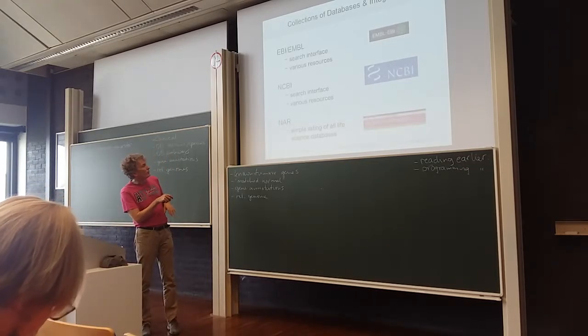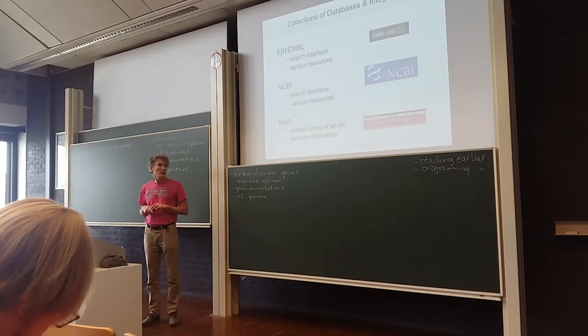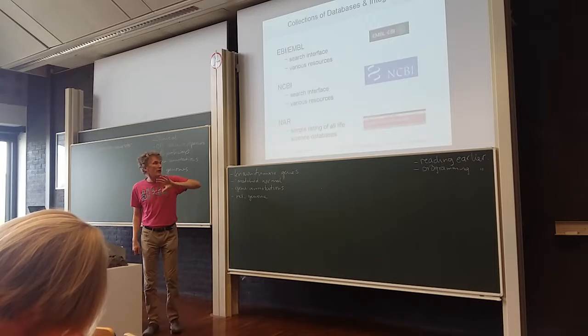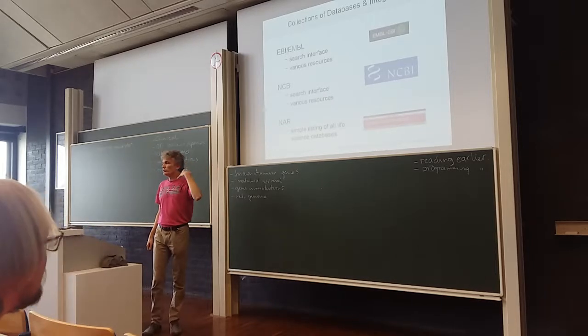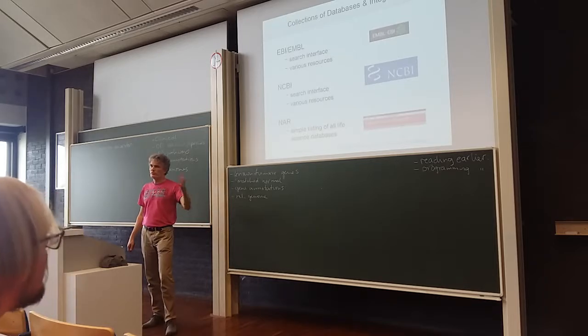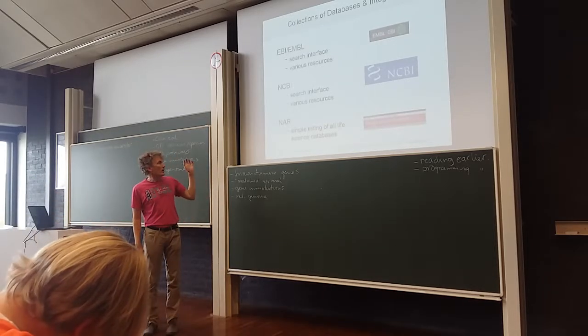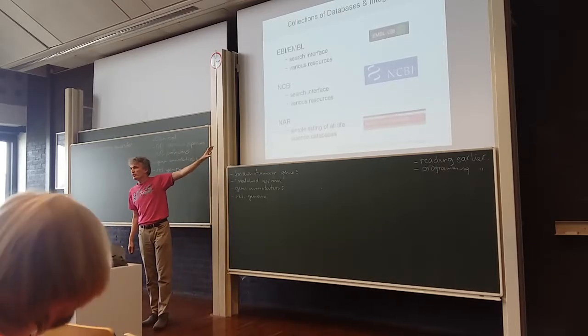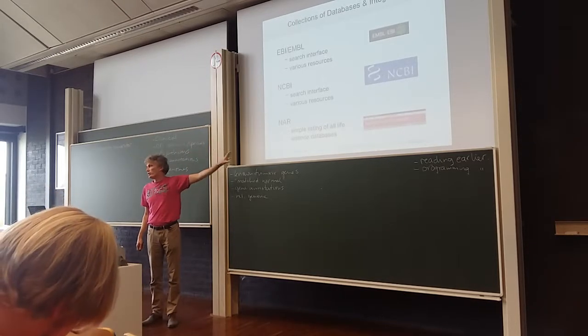Then there's the journal Nucleic Acids Research, which once every year has a database issue with new papers about new databases or describing updates of existing databases. So these are the three places where, if you're looking for a particular data resource, you should start.